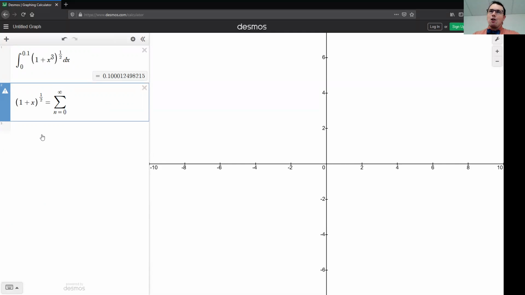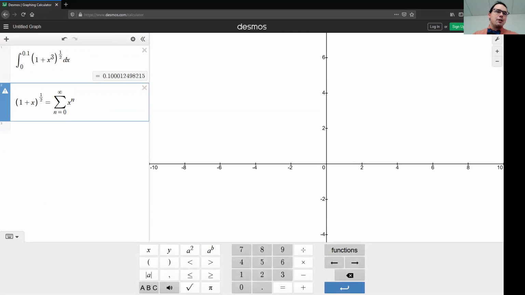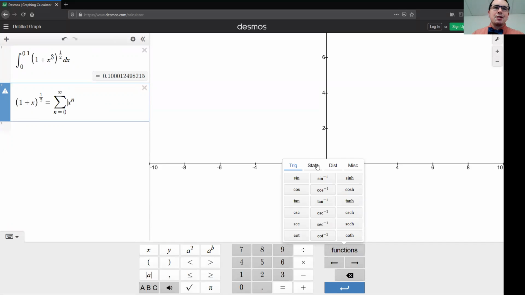And my coefficients here have a special formula, right? I'll still have x to the power n. This is a power series, but the number that goes here is called the binomial coefficient.